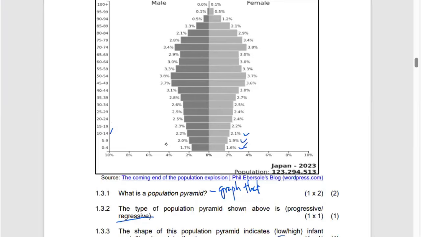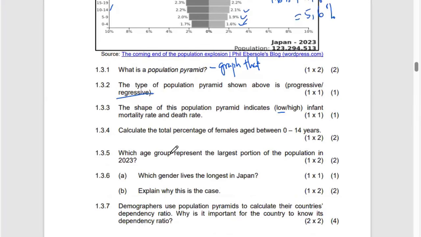So we are simply adding those figures. 1.6%, we add it to the next age group, which has got 1.9%, and then we add it to the last group, which has got 2.1%. So the total that we're going to get there gives us 5.6%. That's the percentage of females who are within the age group of 0 to 14.